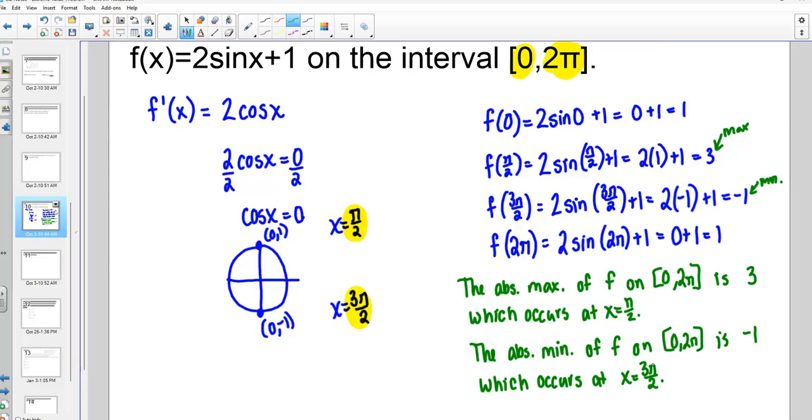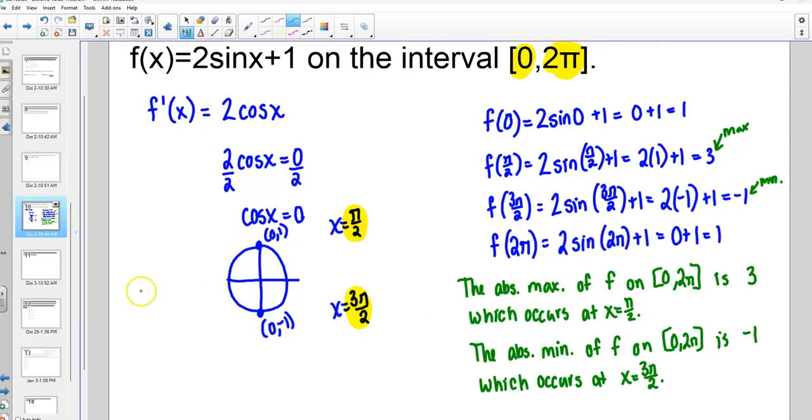But it's just so safe to write it this way, because sometimes they're asking you for the x coordinate, sometimes they're asking you for the y coordinate, and this covers both there in case you misread what they're looking for. If you like to live on the wild side, leave off which occurs at pi over 2.